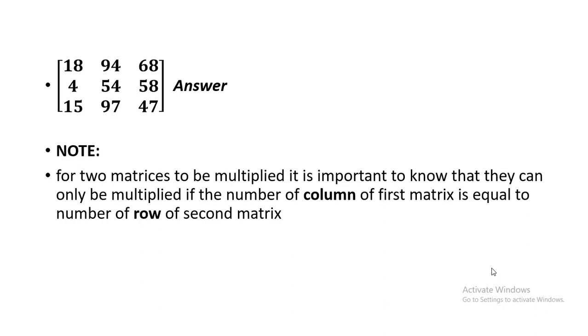Now if we wanted to multiply two matrices that don't have the same dimensions, there is an important rule that we need to follow before multiplication, and that rule is that the columns of the first matrix should be equal to the rows of the second matrix that are being multiplied.